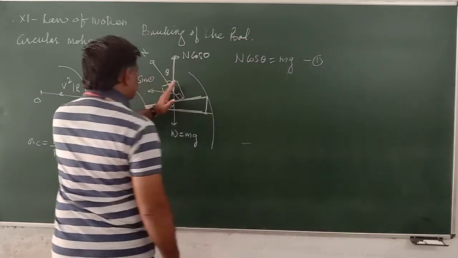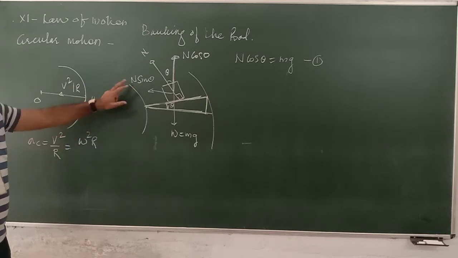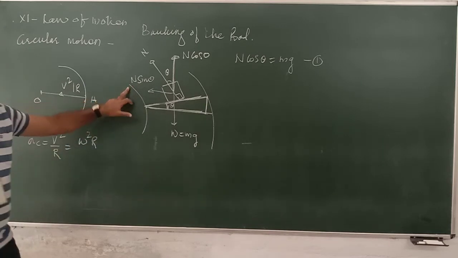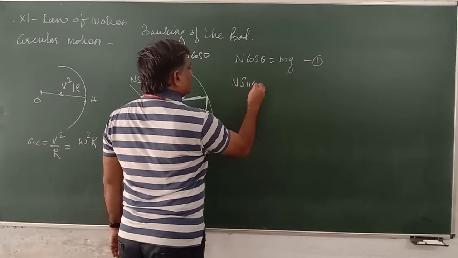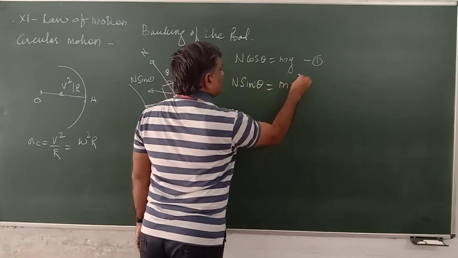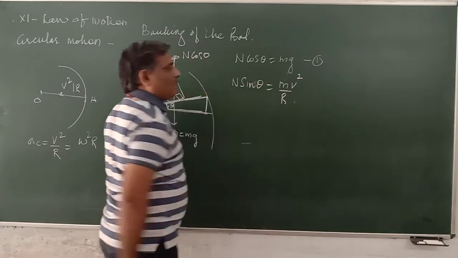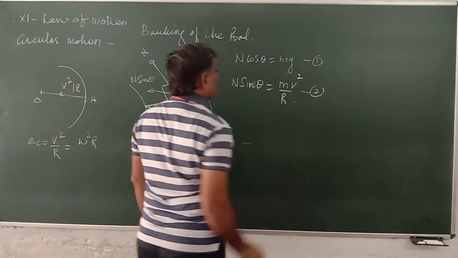Now this force is taking the vehicle towards the center of the curve, and this provides the necessary centripetal force. Therefore, N sine theta is providing the necessary centripetal force, which is equal to mv square by r. This is equation number 2.